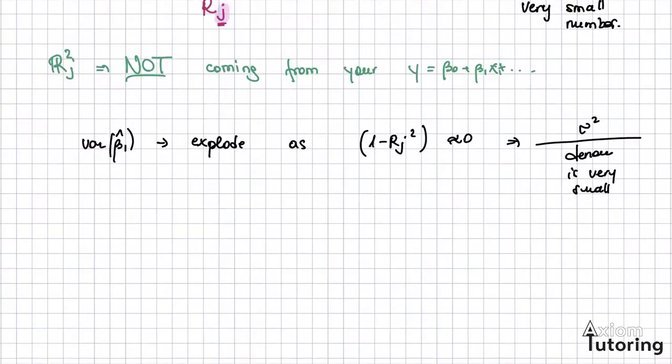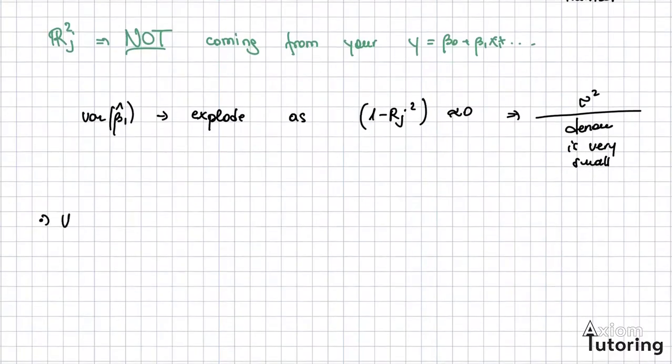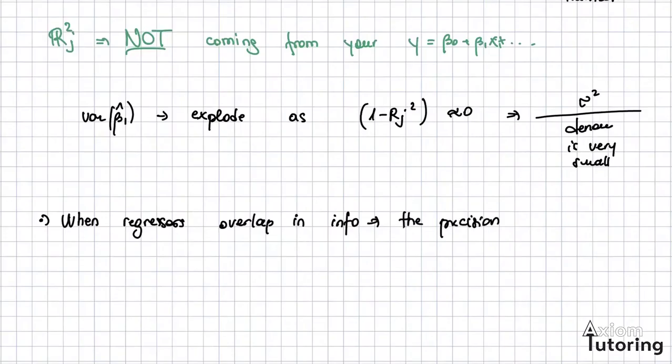And this is also the reason why we don't like multicollinearity, because when regressors overlap in information, the precision of the coefficients basically collapses. Let me write that down because it's a very important key takeaway for you. So when regressors overlap in information, the precision of coefficients collapses.